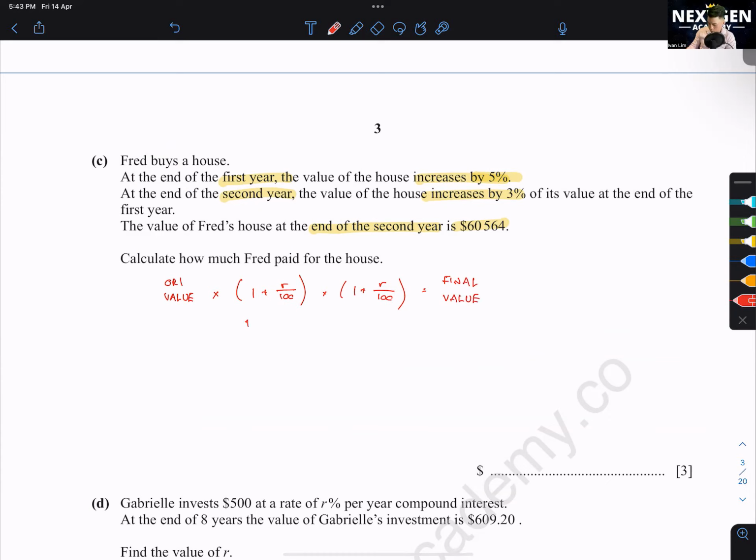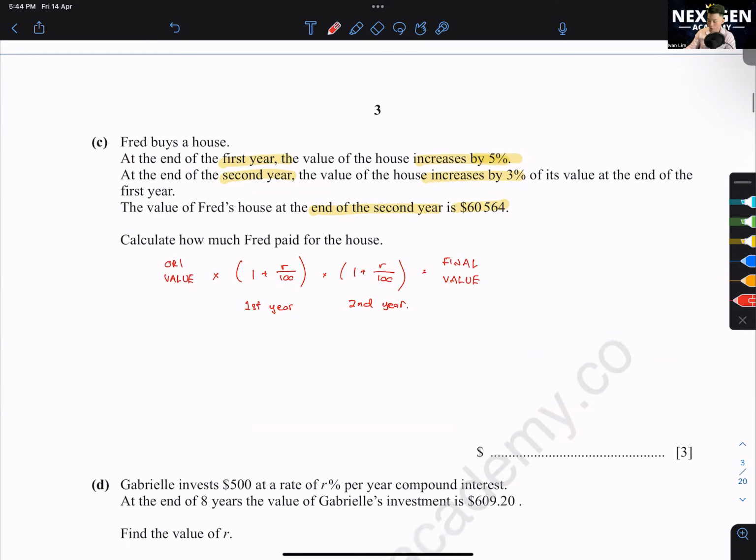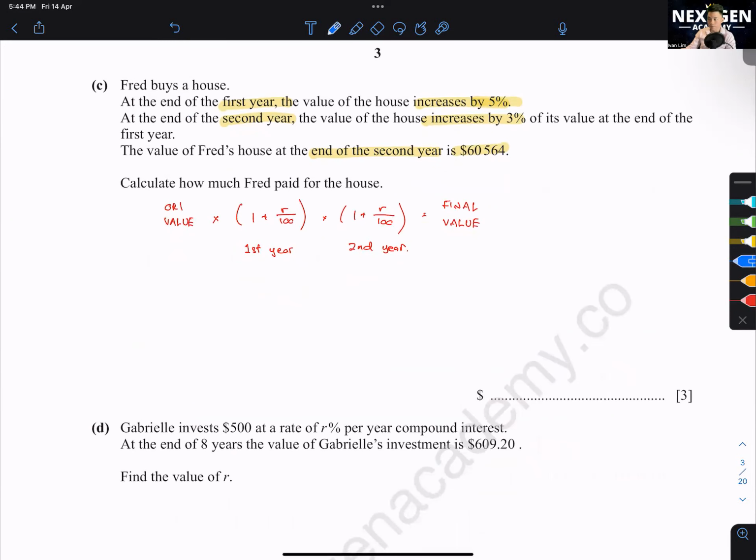Okay, so this is based on your first year interest or percentage increase or decrease lah, doesn't matter. We need to know this formula first. Okay, so this is your continuation of your increasing or decreasing or change in percentage.